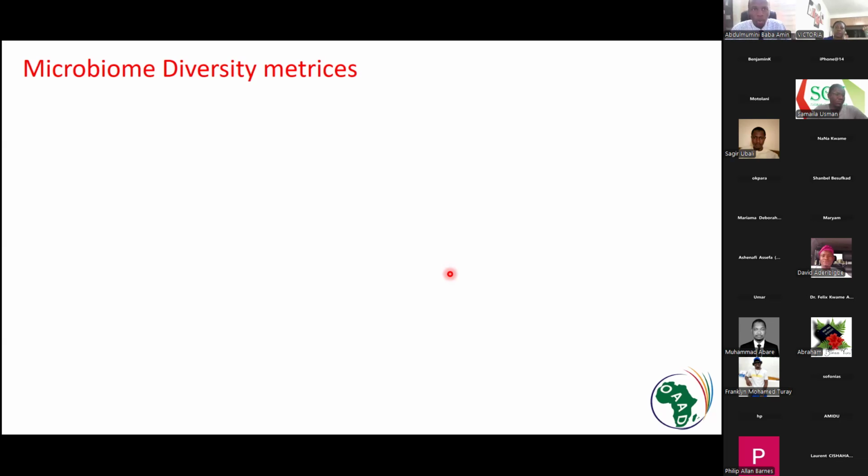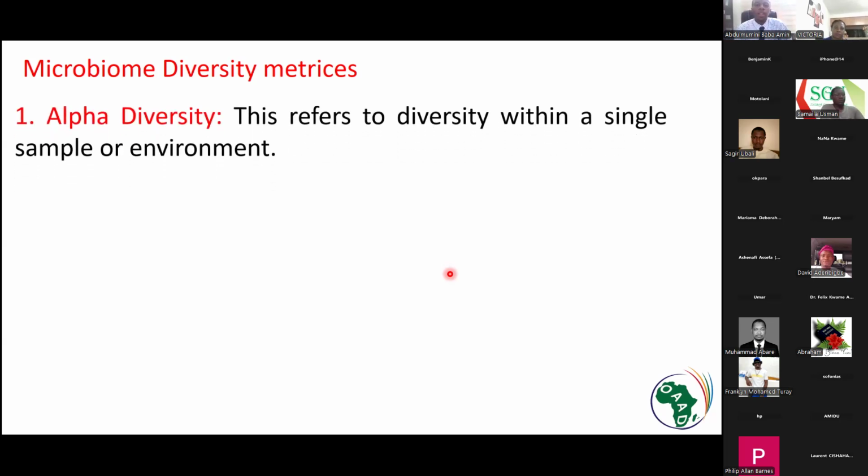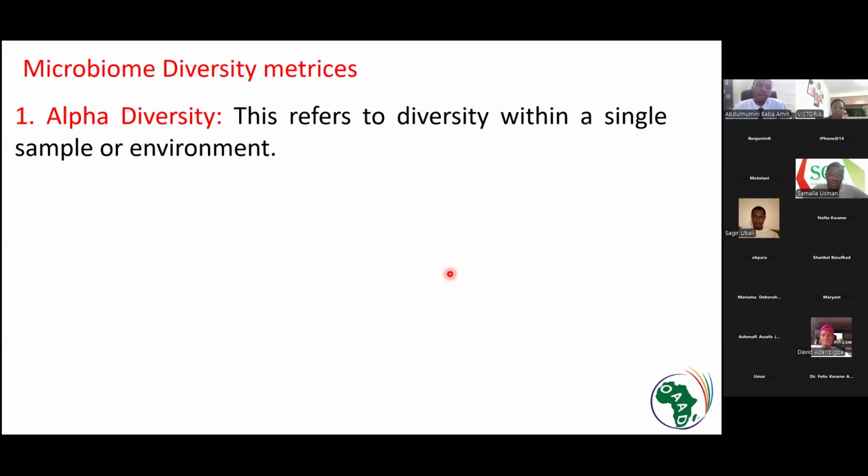So, what are the microbiome diversity metrics? Diversity metrics help us to differentiate between samples in the environment. We have alpha diversity and beta diversity, and we will discuss these one after the other. The alpha diversity refers to the diversity within a single sample.